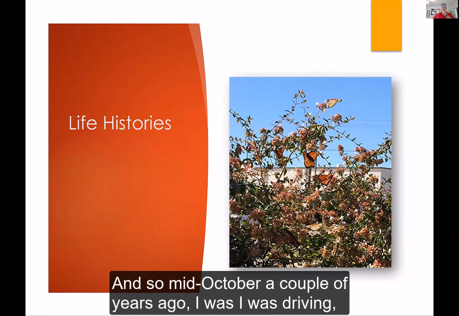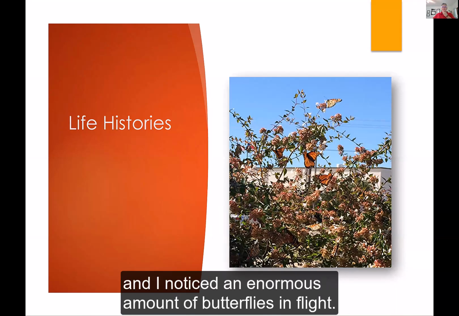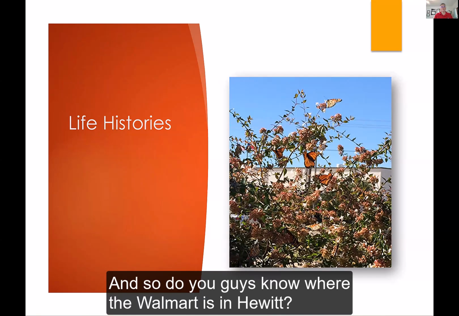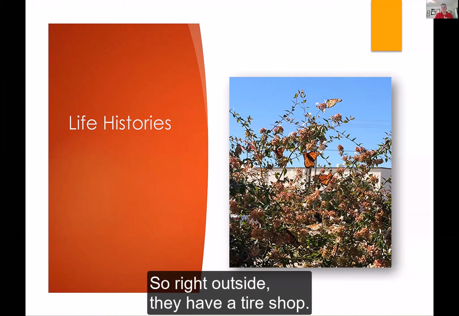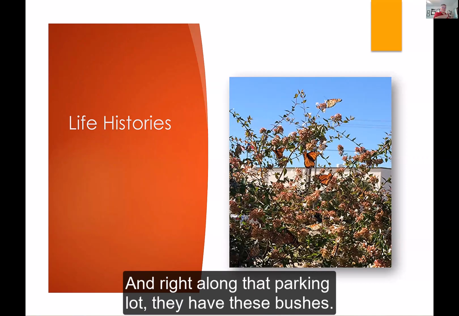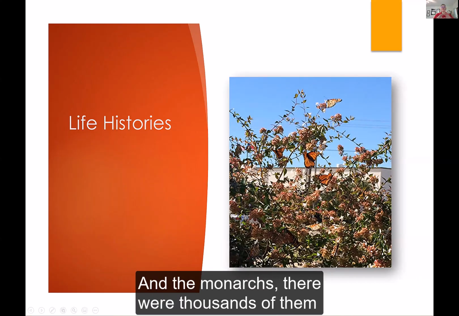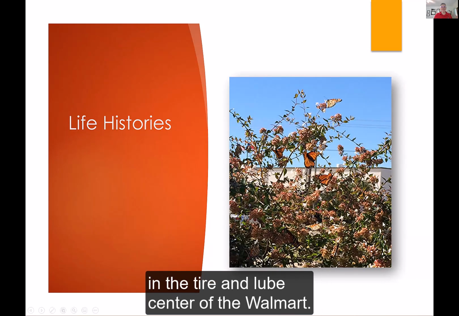And so mid-October, a couple of years ago, I was driving, and I noticed an enormous amount of butterflies in flight. Do you guys know where the Walmart is in Hewitt? Right outside they have a tire shop, and right along that parking lot they have these bushes, and the monarchs, there were thousands of them in the tire and lube center of the Walmart.